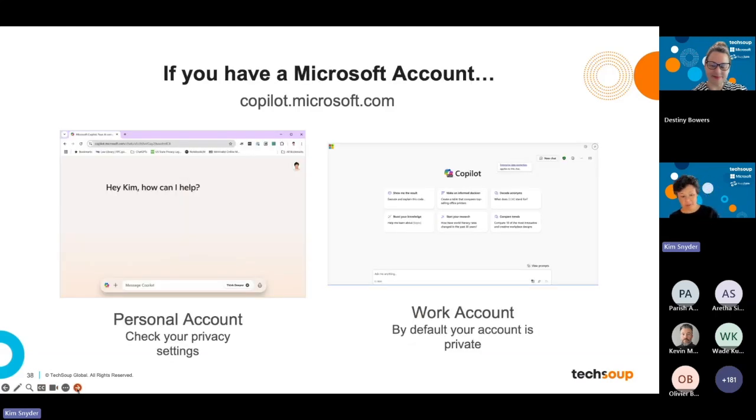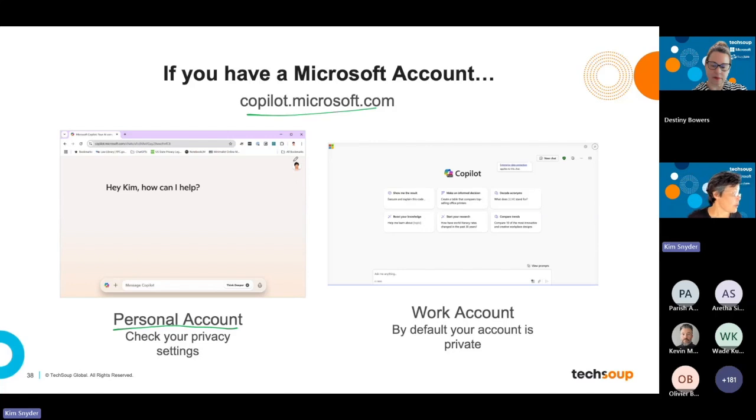If you have a Microsoft account, a personal account, and you are just on your own and have a paid subscription, you can then go to, guess what? Copilot.microsoft.com, right? It's consistent. When you're logged in to your personal Microsoft account, see this picture, this is me in my personal account, I happen to have a personal Microsoft account as well as my work one.